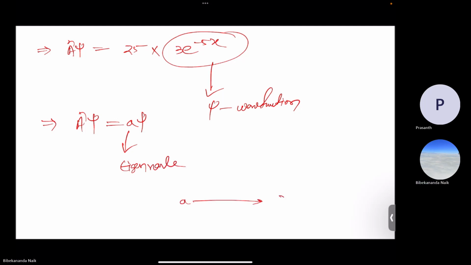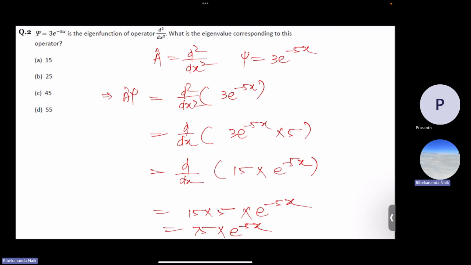So here a is 25. So 25 will be the correct answer. This 25 is this a, so the correct option will be option B. Is this clear to you?